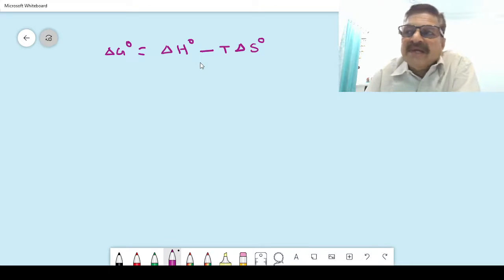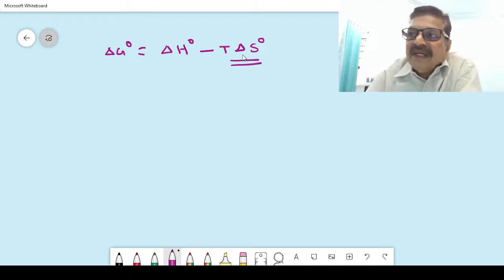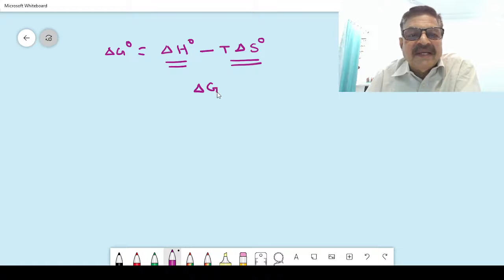In most of the reactions, the T delta S component is very small compared to the enthalpy term delta H. Compared to this one, this is very small. Therefore we can make an approximation: delta G is approximately equal to delta H.